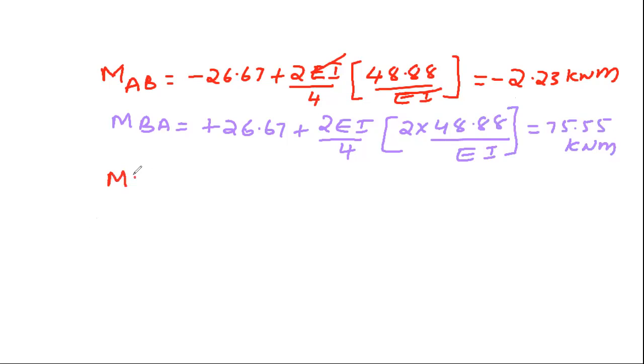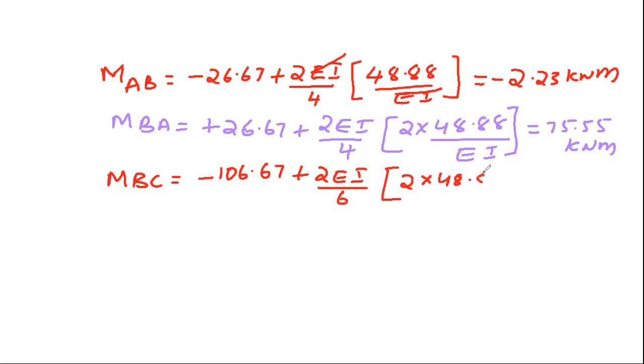Next, MBC. MBC is MFBC. So MFBC is how much? MFBC is minus 106.67 plus 2 EI by L. L is 6 meters, and 2 theta B. 2 theta B is how much? 2 times 48.88 by EI plus theta C. Theta C is minus 51.11 by EI.